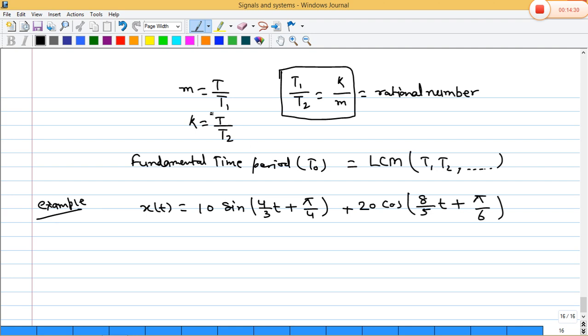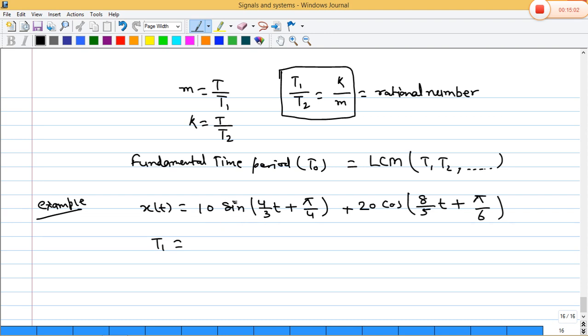Okay. And how can we find the individual m or k? It is the overall time period of the signal divided by the individual time period T1. So here we can find capital T1.